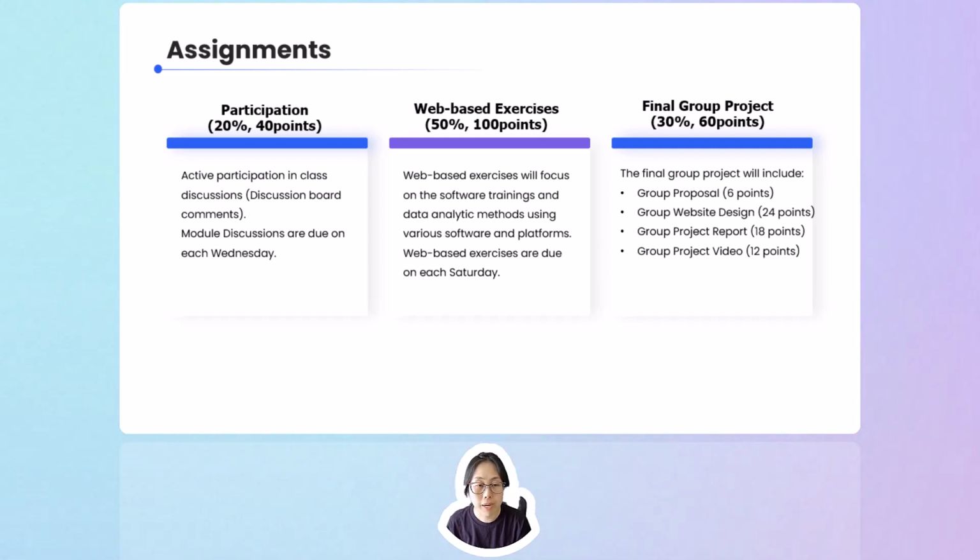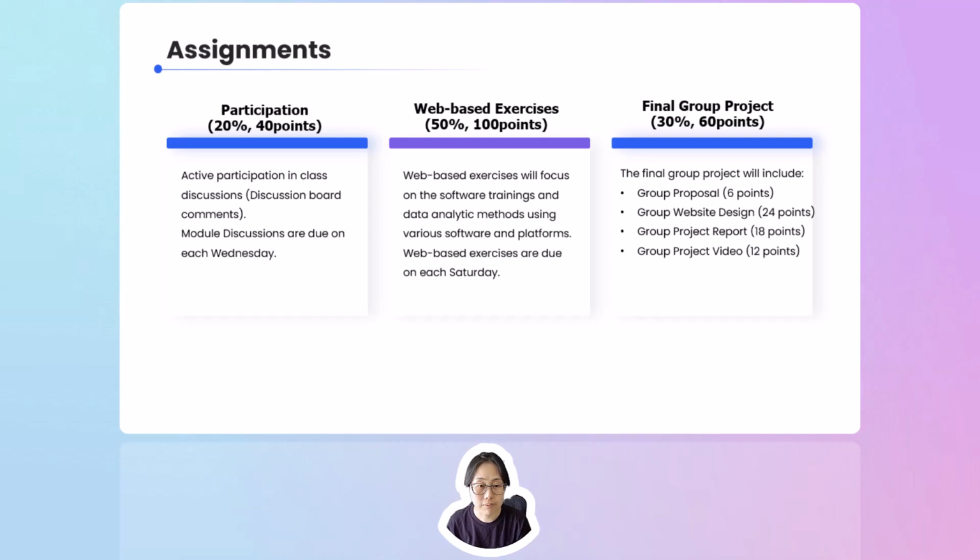Your grade will be based on three components: participation, web-based exercises, and the final group project. For the participation, you're expected to engage in the weekly discussion board and web-based exercises. These are bi-weekly, hands-on assignments focused on using mapping tools and writing code.